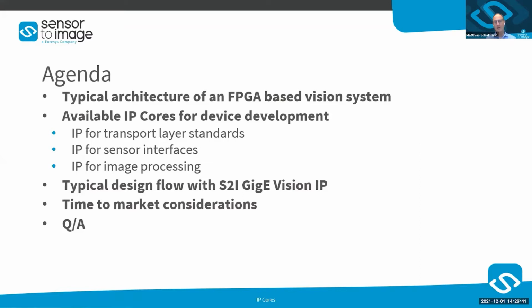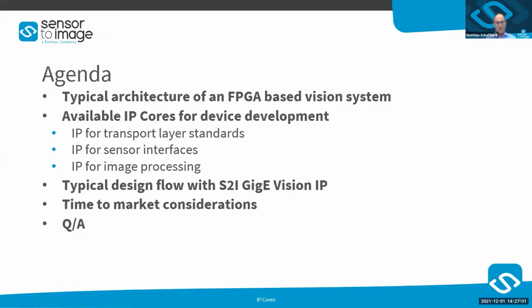Then IP cores for sensor interfacing. We have heard about MIPI. This is of course one, but not the only one. So here we have different options. And also some words about what is available or possible around image processing.